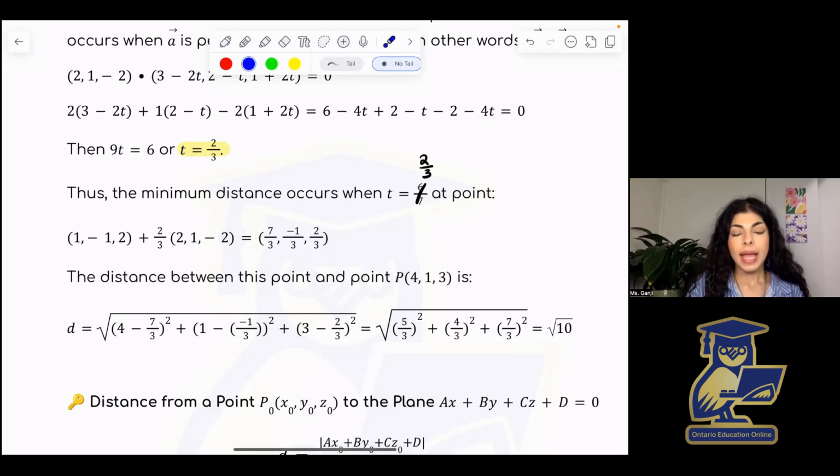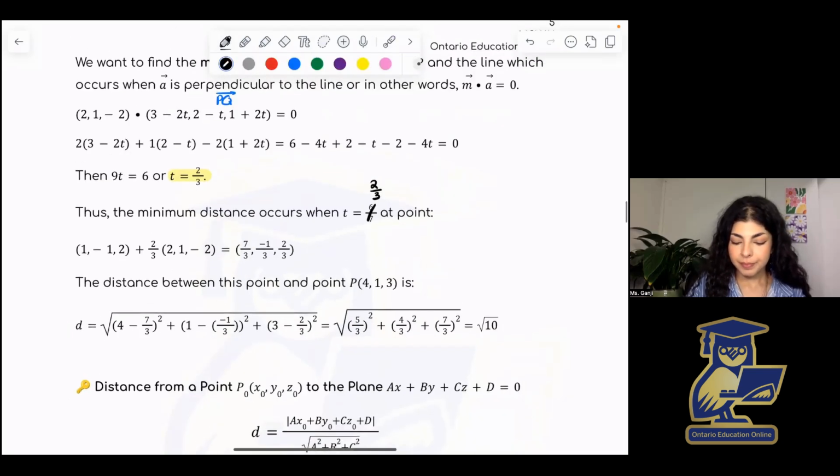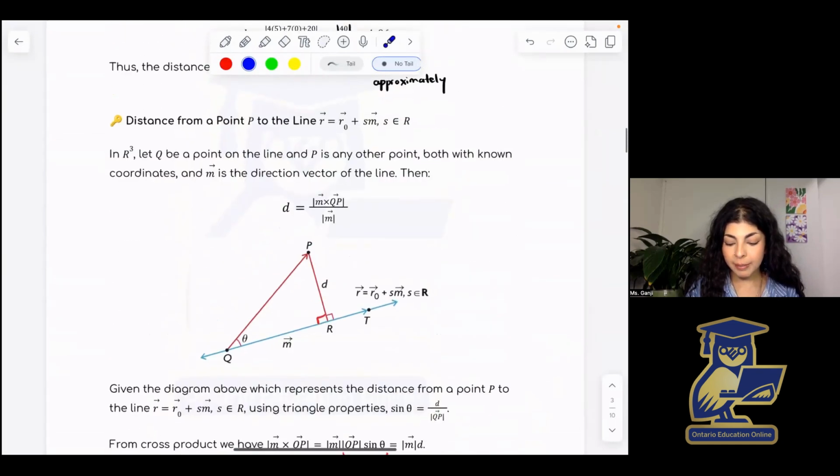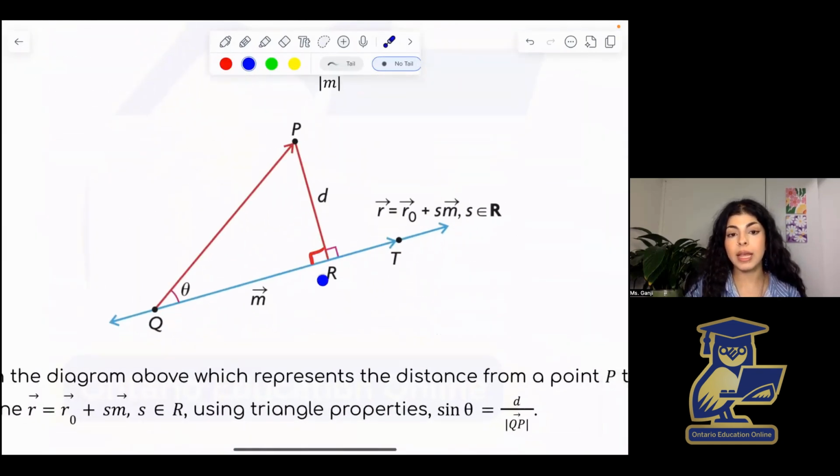So again, think of going back here to this diagram. You are actually, in fact, now finding what point R is, because this is the point at which P intersects with the line, and it gives you the shortest distance here.